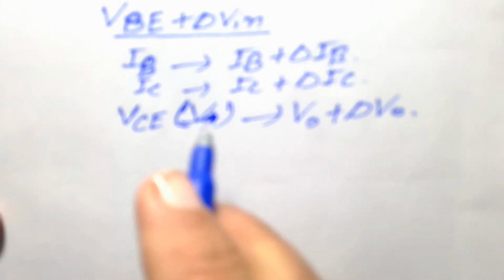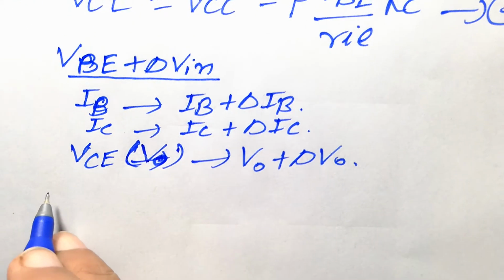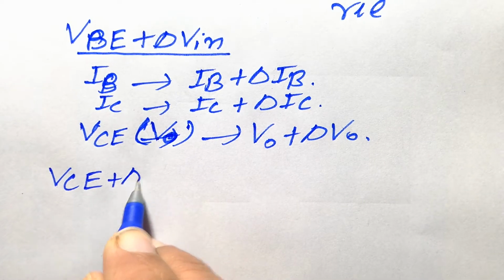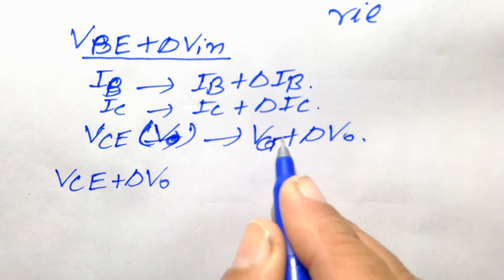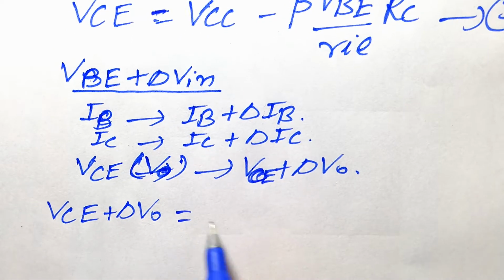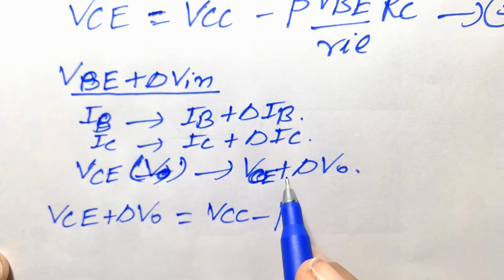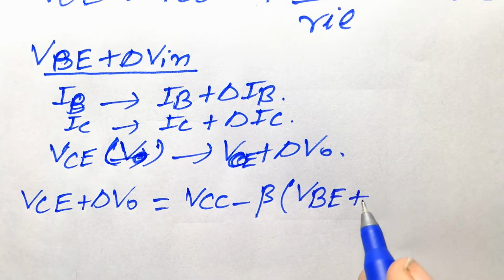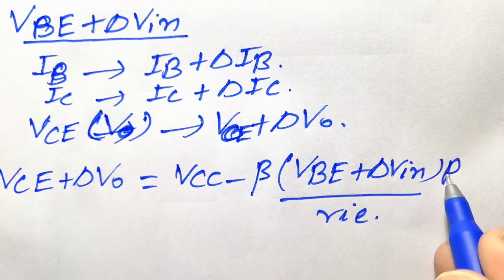Now students, equation number 3 becomes VCE, that is V naught, plus delta V naught, equal to VCC minus beta VBE, which will change to VBE plus delta VIN, divided by RIE into RC.